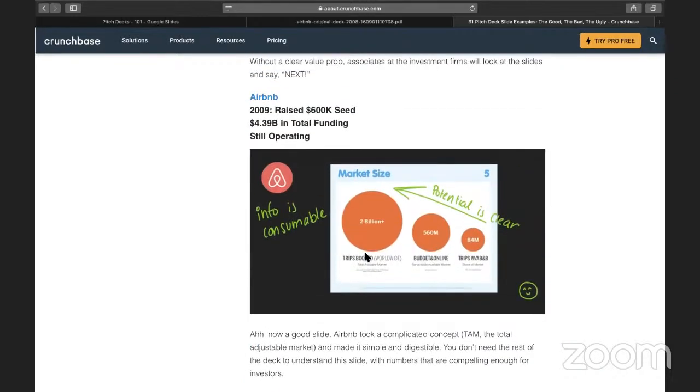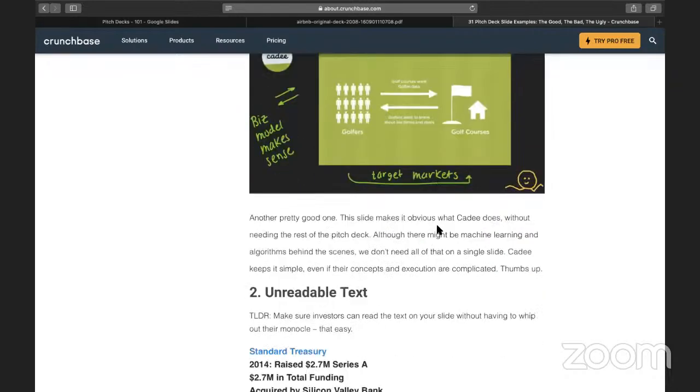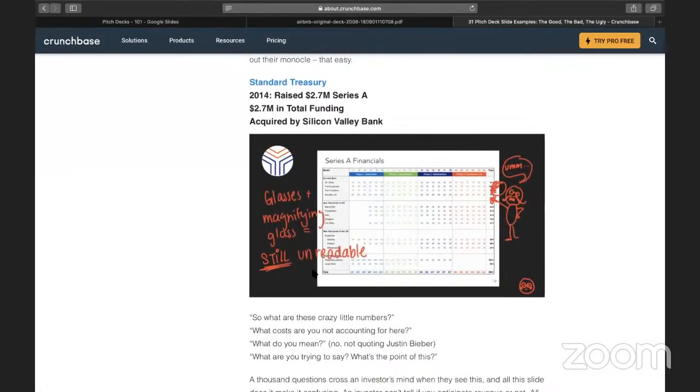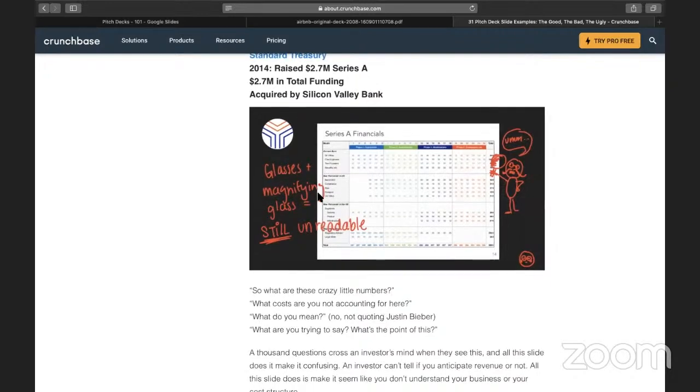So as you can see, Airbnb is included here, and it shows why this was a great move. It shows why this was not a good move at all, because this is so much and it's so fine.